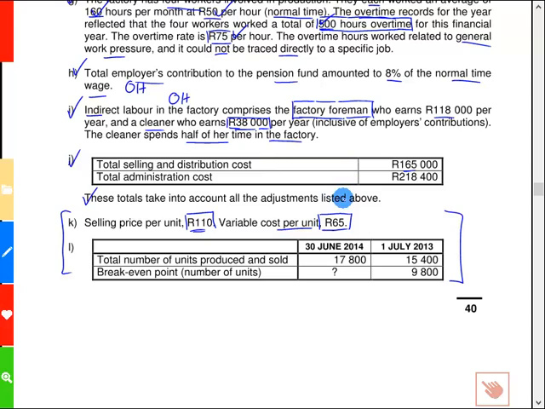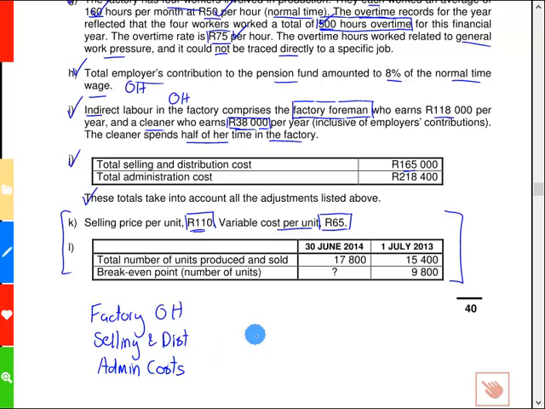Now with the fixed costs, generally speaking, we've got our three types of costs. We've got our factory costs, or our factory overheads, and we've got our selling and distribution costs, and we've got our admin related costs.